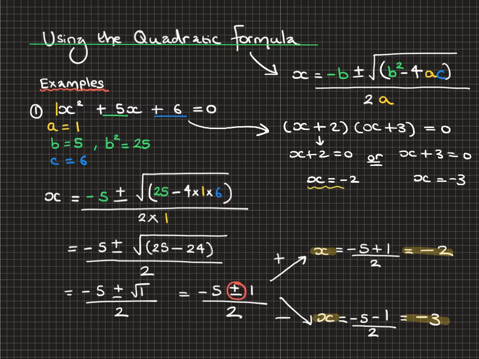So that's really interesting, because we could have solved this quadratic equation by factorising to get two very easy answers of -2 and -3 using a very easy process.